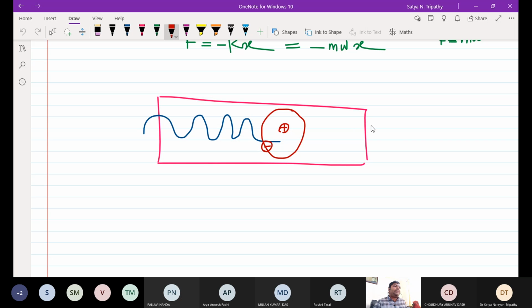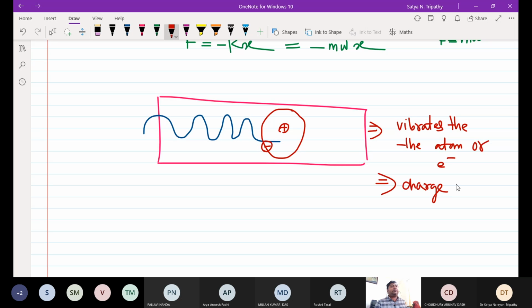It makes a forced vibration, vibrates the atom or electron, or in conclusion a charged particle. So this charged particle performs an oscillatory motion.